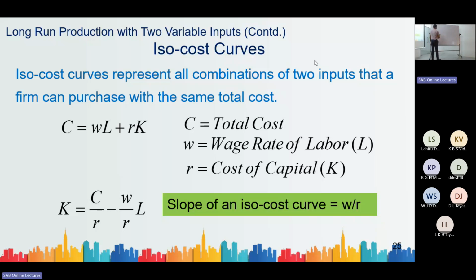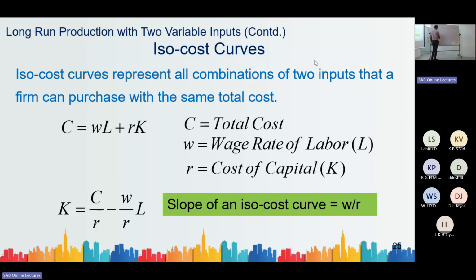So let's say these are the combinations of labor and capital, and any of these combinations cost 10,000 rupees. Here let's say the firm utilizes 10 units of capital with 0 units of labor. Cost is 10,000.